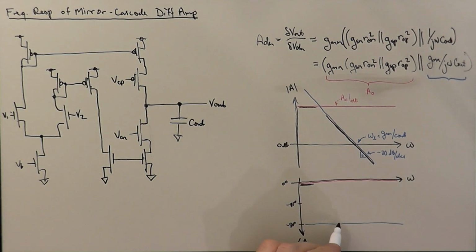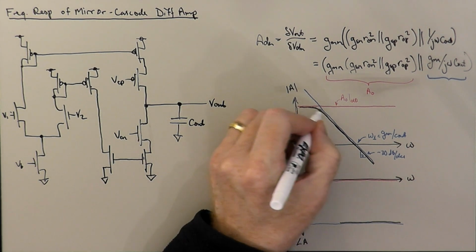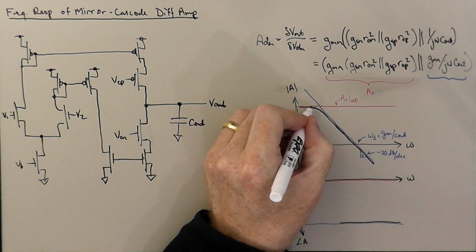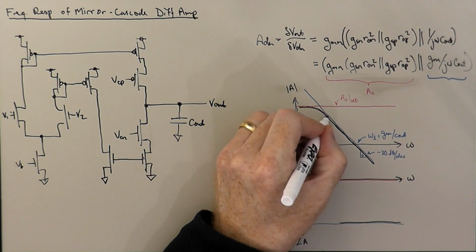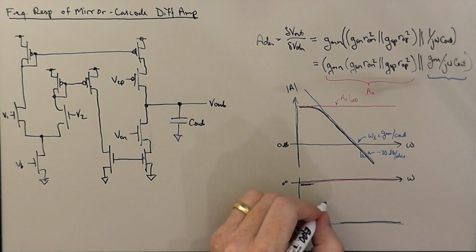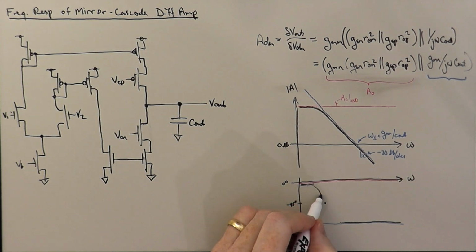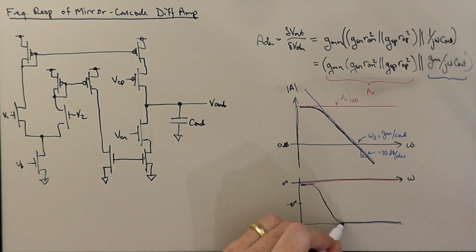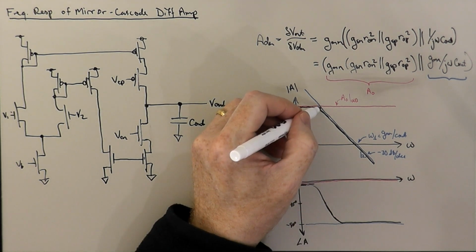And it will also follow the phase behavior of the blue line. And what it turns out it's going to do is basically make an ordinary sort of 3 dB corner down here. It's going to transition smoothly between the two. And the phase is going to go smoothly also between the two, and it's going to go through minus 45 at this corner frequency.